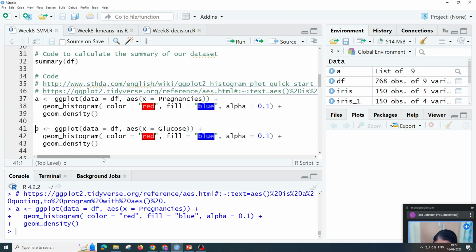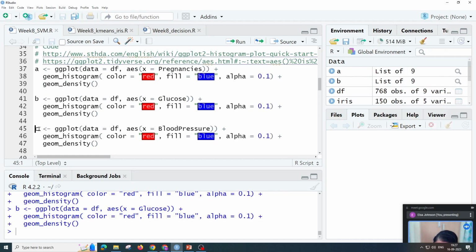I will show how it looks for the different values. For A I am giving pregnancies, then glucose. For all the different columns I am giving different variables like A, B, C, D, E, F, like that.